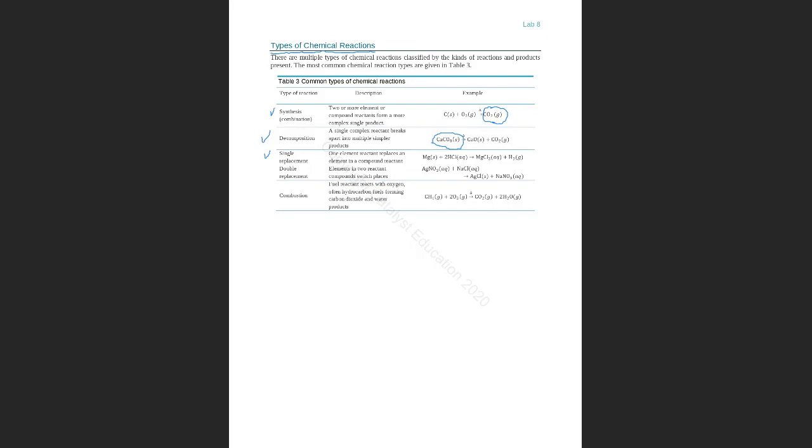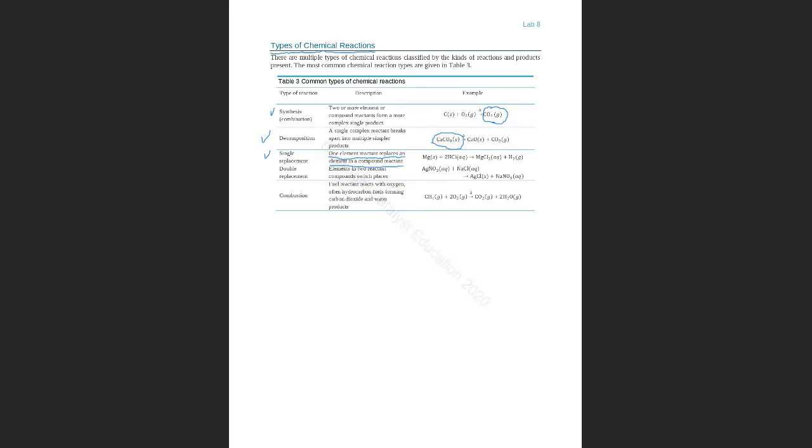And here, the description that they give us says one element reactant replaces an element in a compound reactant. It's a little difficult to understand. So let's look at this in a different way.